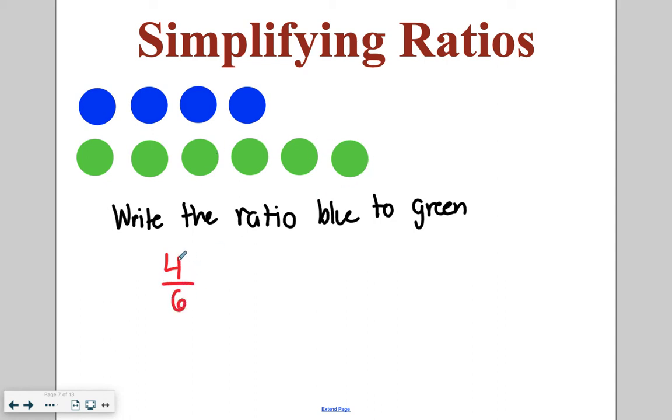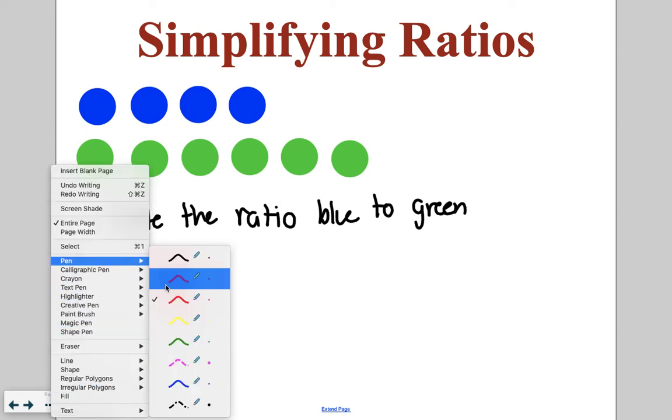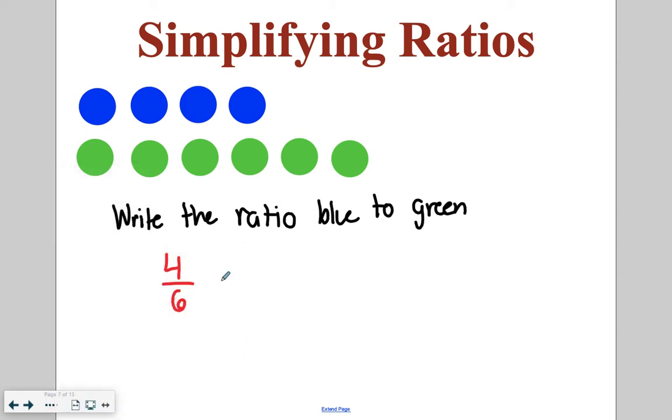But now, 4 and 6 can both be divided by 2, so you would simplify your fraction by doing 4 divided by 2, which gives you 2, and 6 divided by 2, which gives you 3. So your simplified ratio is 2 to 3.